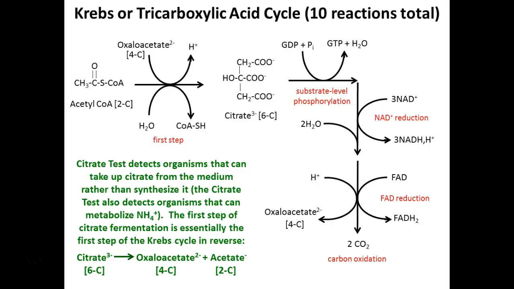And it's an important distinction. It's also going to test to see if it can break down and metabolize ammonia. And so they're actually going to be going in reverse. They're going to take in citrate and break it down, right, into oxalate and acetate.